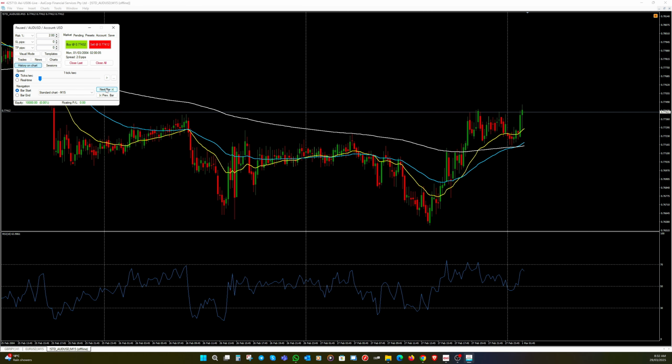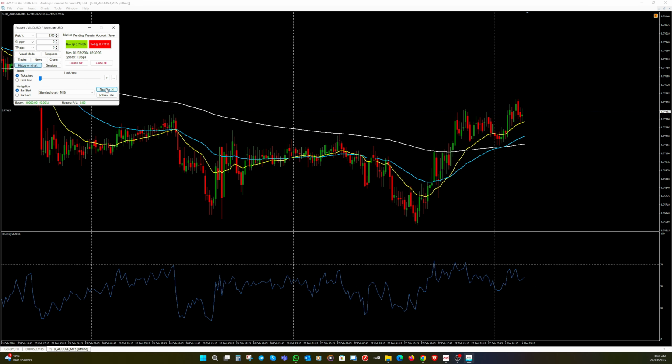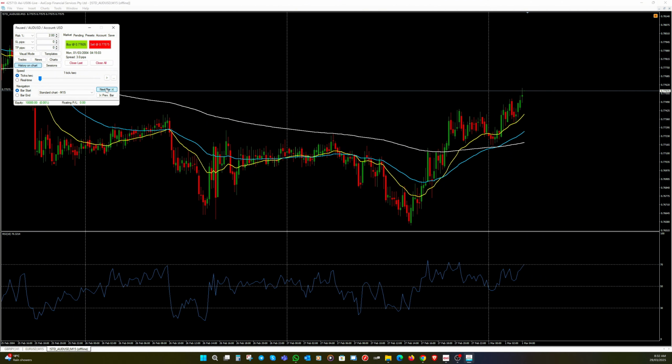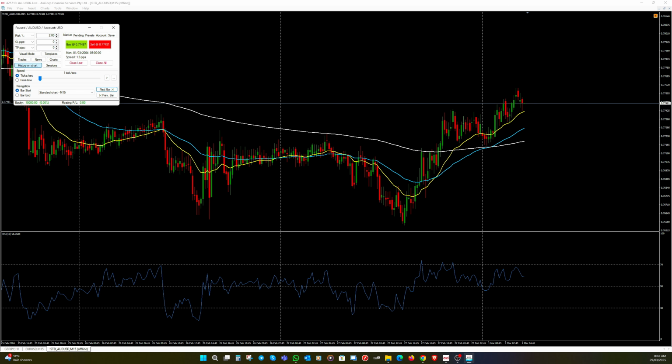The main thing I'm looking for though is I want the EMAs to be in line, so 20, 50 and 200 all above each other in order, sort of like they are right now on the chart.